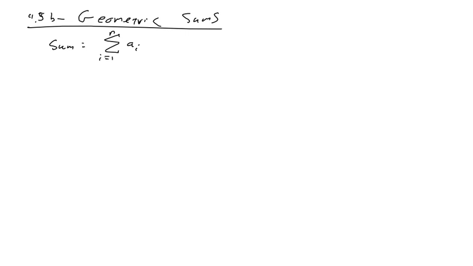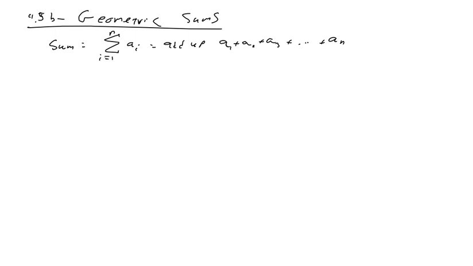A sum is when you add up all the terms: a1 plus a2 plus a3 plus dot dot dot plus an. You add up all the values. You plug in the 1, 2, 3 as you go along the pattern until you get to the last one, and you add up those numbers.